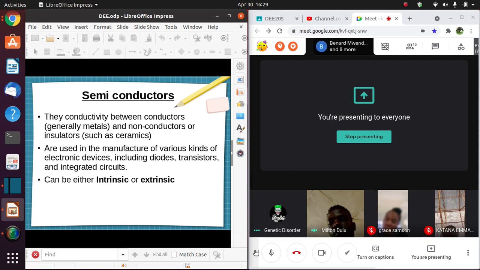Now for extrinsic, there are usually two types of impurities that I can add. There is a pentavalent type of impurity and there is a trivalent. Pentavalent adds 5 atoms to the semiconductor. A trivalent adds 3.